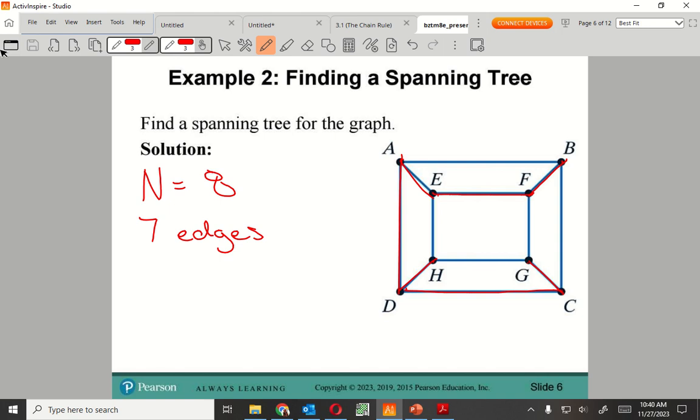Yours doesn't have to be exactly the same, but if you notice, by doing that, I could actually get rid of that.